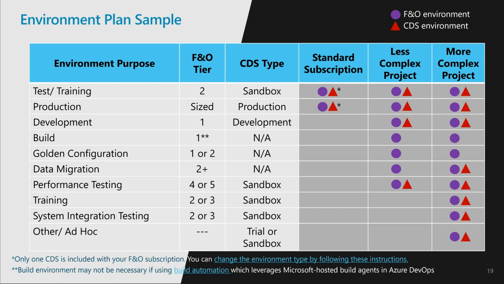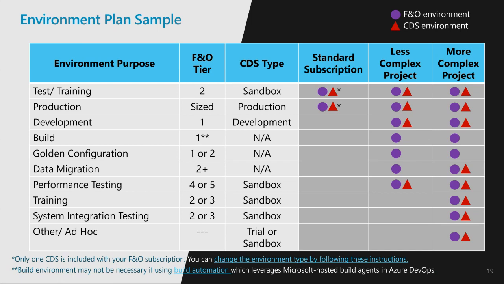The source code developed in the development environment is synced to Azure DevOps. The build process synchronizes the source code from Azure DevOps onto the build VM and produces a deployable package that you can apply to sandbox and production environments. The build VM is also a Tier 1 environment, and there is a new feature that the build activity can be done using a Microsoft hosted agent.